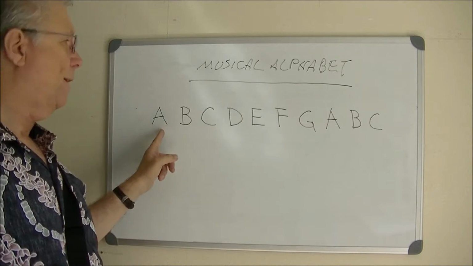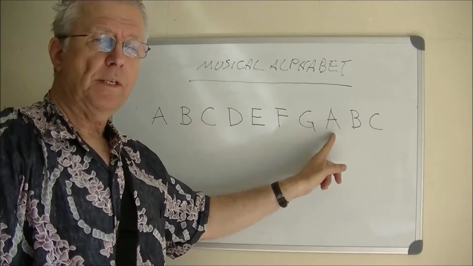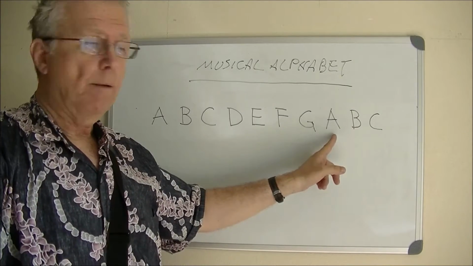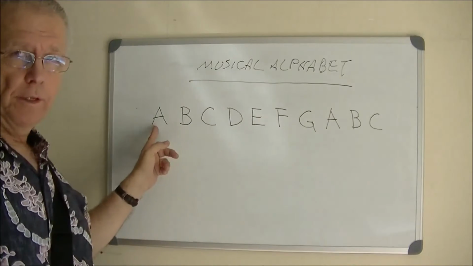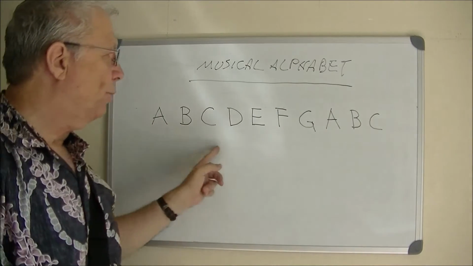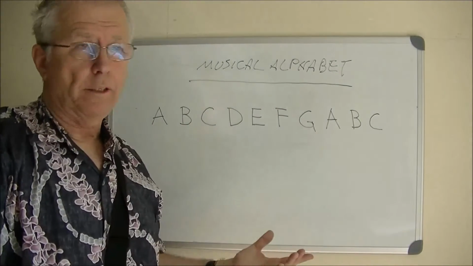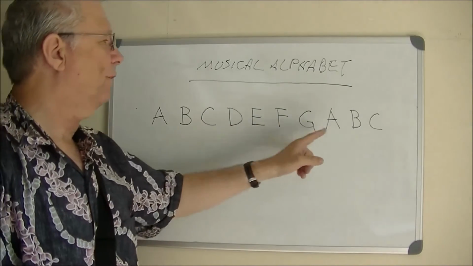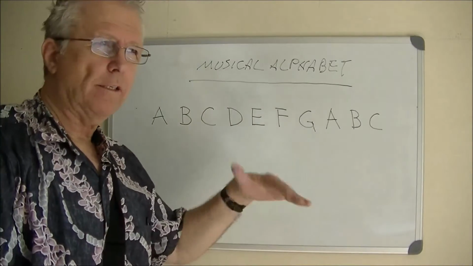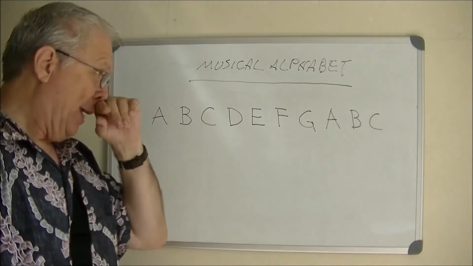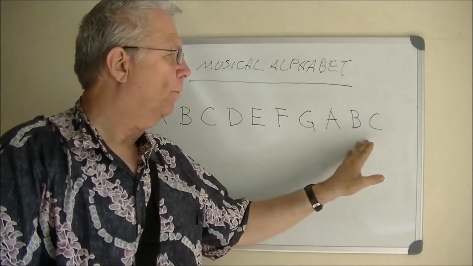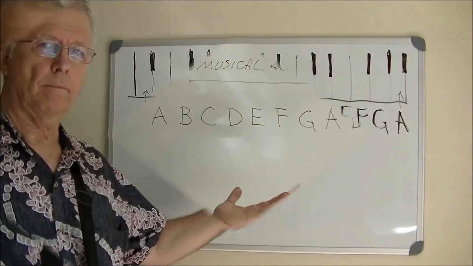Now, this A and this A sound so much alike that they're given the same name. But this A would be higher than this A, and the distance between the two of them would be called an octave. Because if you notice, it's 1, 2, 3, 4, 5, 6, 7, 8 tones. 8, octave, octopus, and so forth. Okay, now if this looks familiar at all, well, just watch.